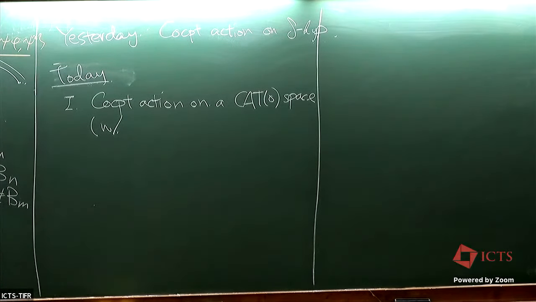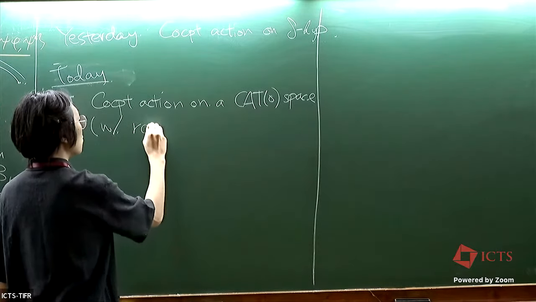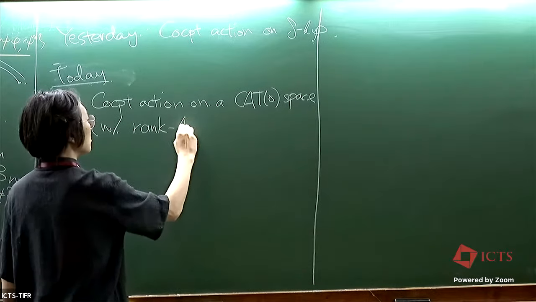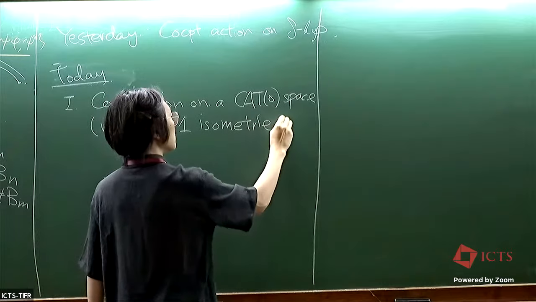So what is the hyperbolicity that I require? It's that I want some rank 1 isometries. So what are these? I will define it.